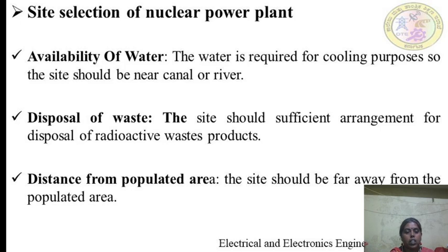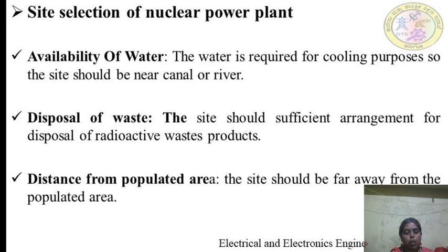The next requirement is disposal of waste. The waste coming from the power plant is very harmful for the environment, so a proper and sufficient arrangement for the disposal of the radioactive waste should be available at the site.